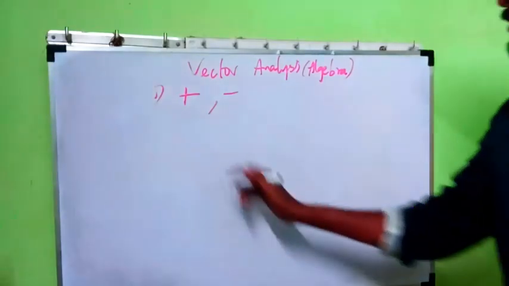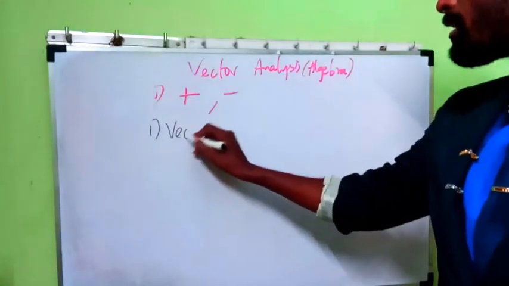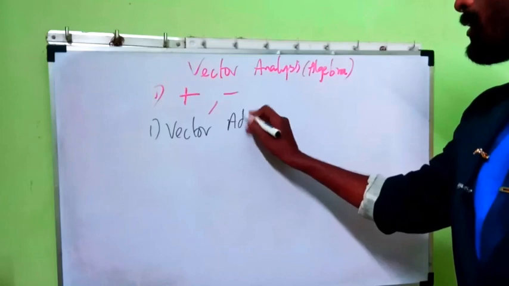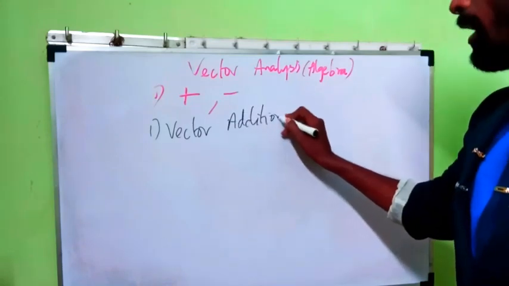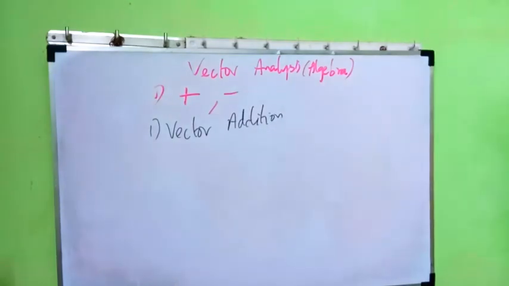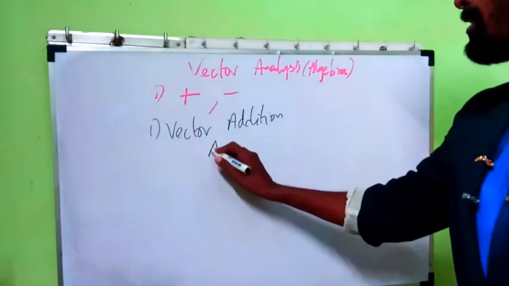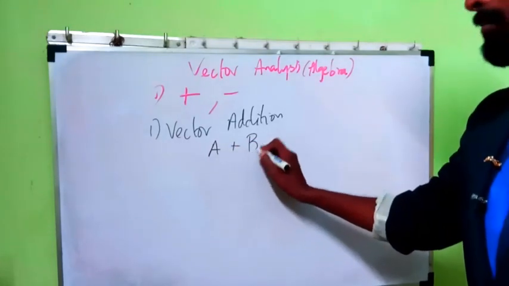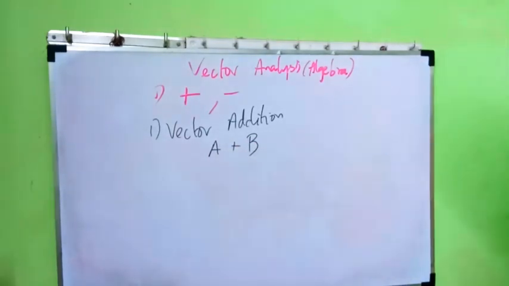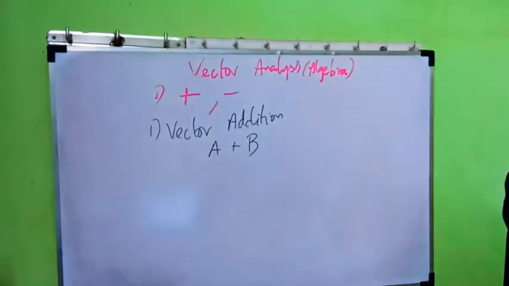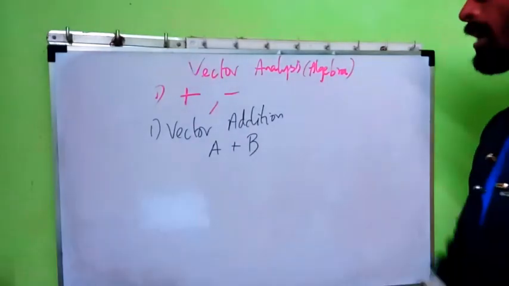So now again over here, the first thing I will talk about is vector addition. So what is going to be vector addition? The first one will be A plus B. A plus B is a very important term. A is one term, and B is another term.